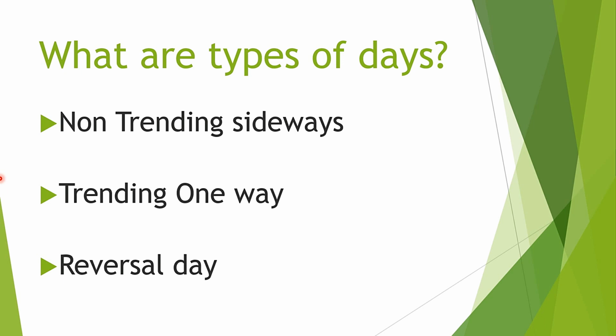Why is it so? Because if our view is bullish and we take a bullish position, what will happen? If the day is bullish, we get profit. If the day is neutral, we may get profit. If the day goes bearish, we will lose. So there are 2 chances out of 3 probabilities in our favor.